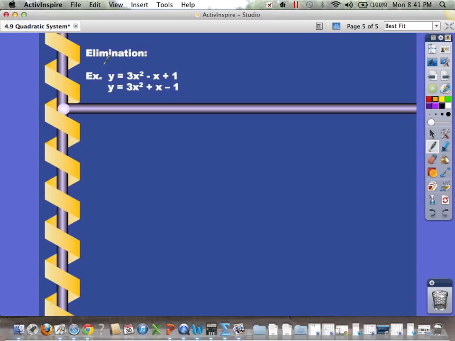So if I do that, I'm going to multiply by negative 1 the whole thing, which is y equal to 3x squared minus x plus 1, which makes this become negative y, because you've got to get rid of the y also. You have to find a way to get rid of a y and an x squared term.